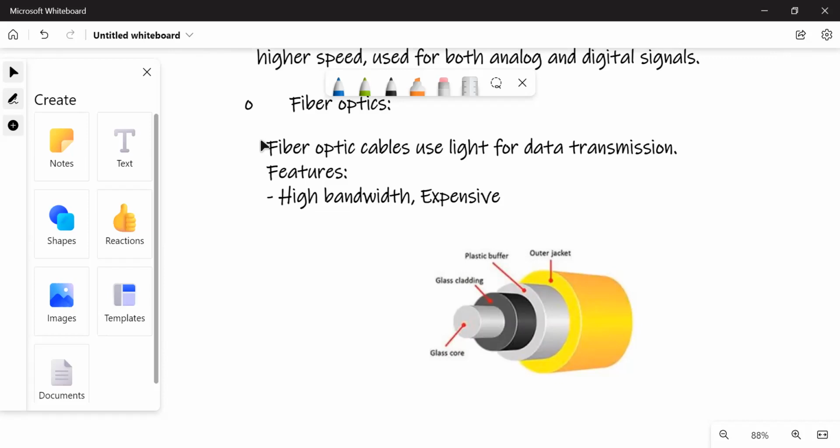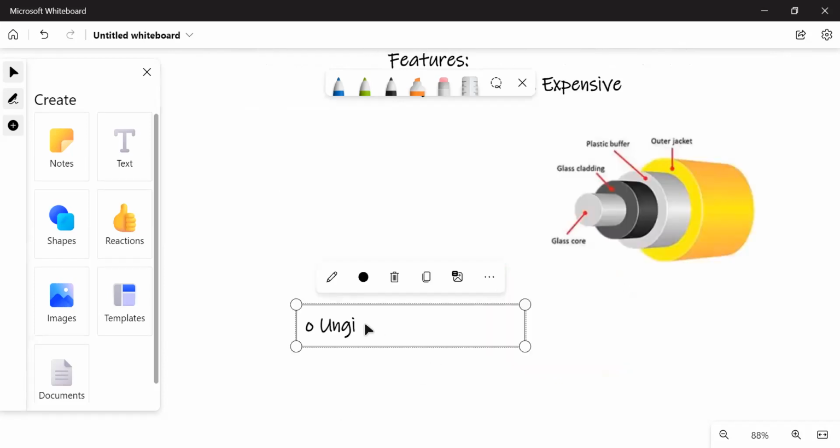Let's write down: unguided, or sometimes we call it wireless transmission media.